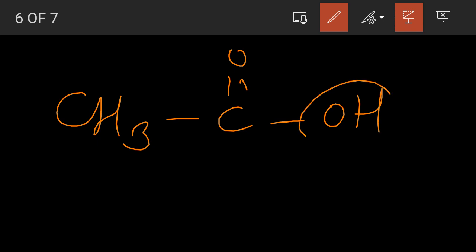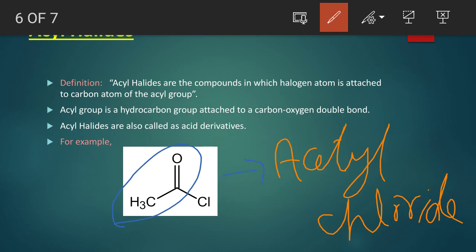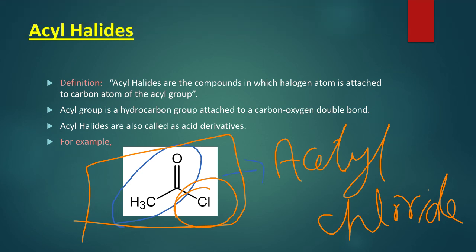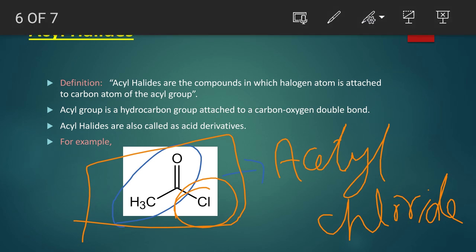Here the hydroxyl group is replaced by a chloride ion. That's why this is acetyl chloride. This is the structure of acetyl chloride, and this is called an acyl halide. This is one of the best examples of acyl halides.